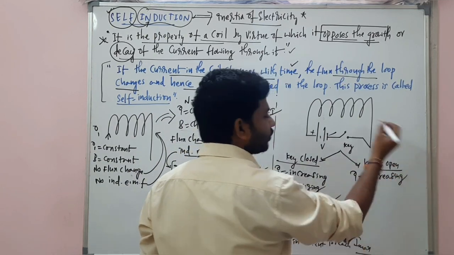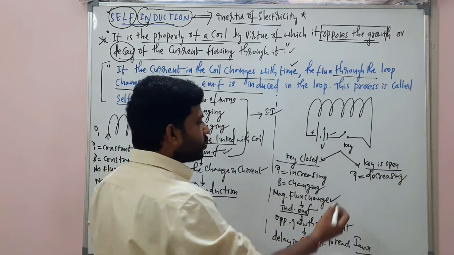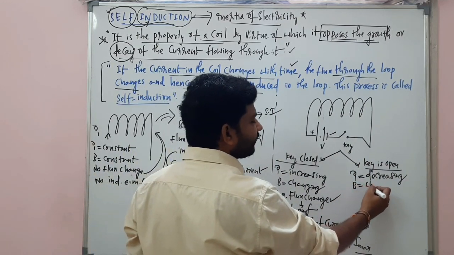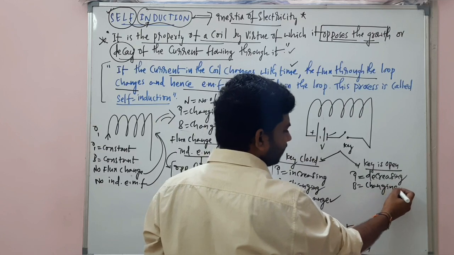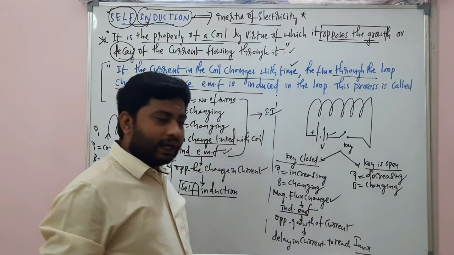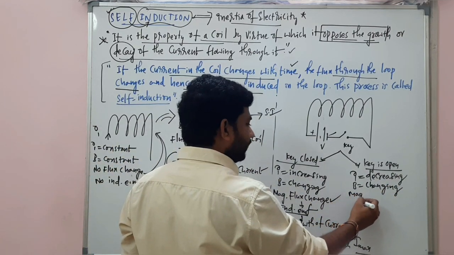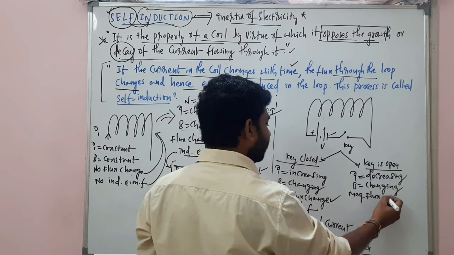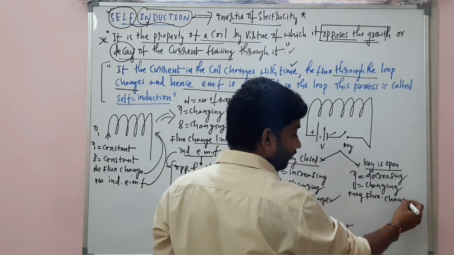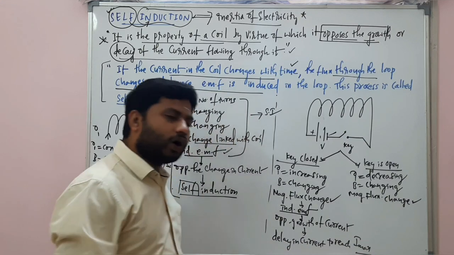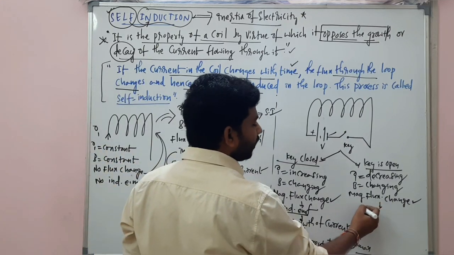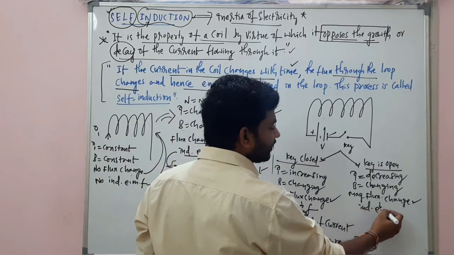Carefully look at here, my dear students. The current value is decreasing, so the magnetic field associated with this is also decreasing, but I am writing it as changing. Here also the magnetic flux change associated with the coil will produce induced EMF. This is the interesting part.